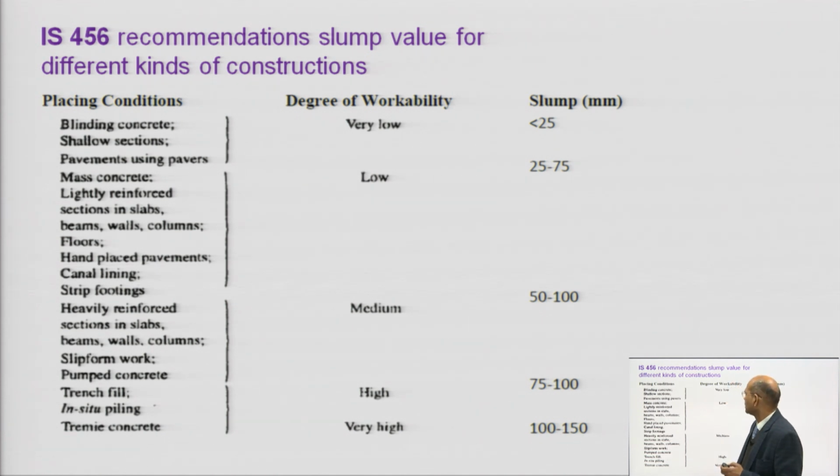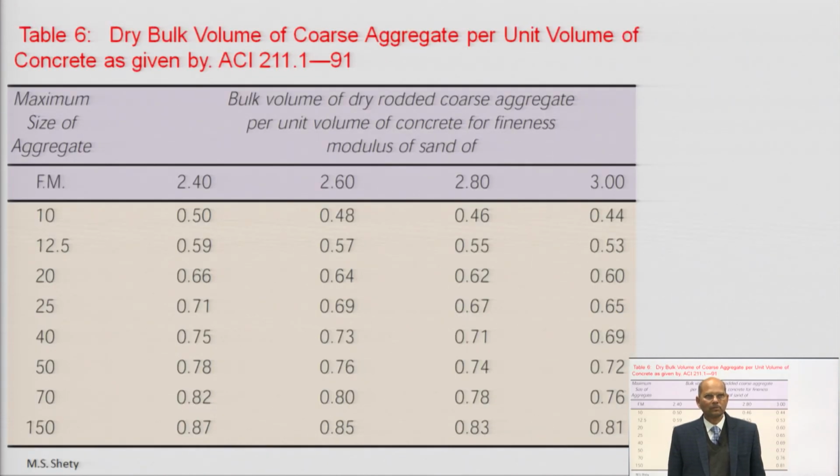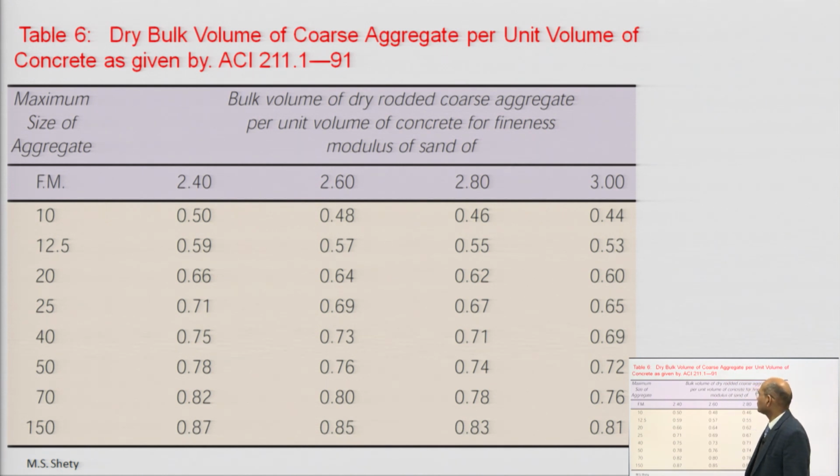Now we have determined the water cement ratio based on strength and durability requirement. We have also decided the slump value and the maximum nominal size of the coarse aggregate. Once we have decided that, then we have to consider the dry bulk volume of coarse aggregate per unit volume of concrete.